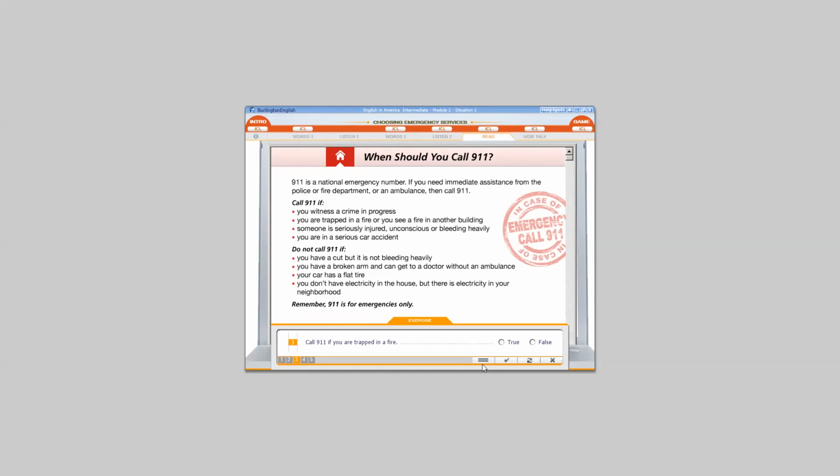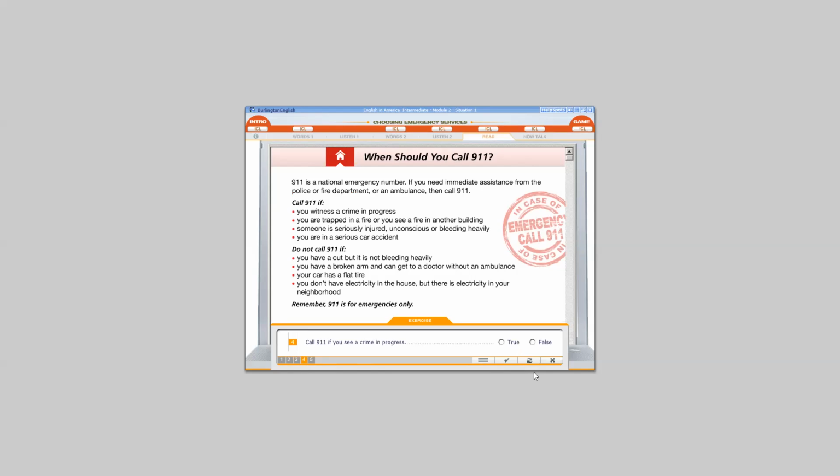Number 3, call 911 if you are trapped in a fire. Is that true or false? That is true. That is an emergency. Number 4, call 911 if you see a crime in progress.